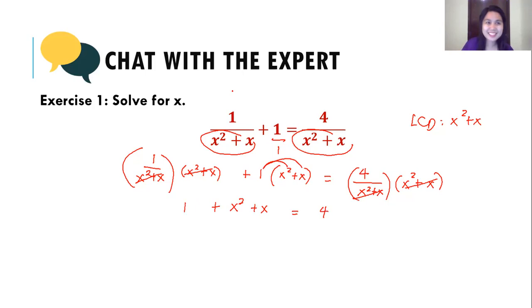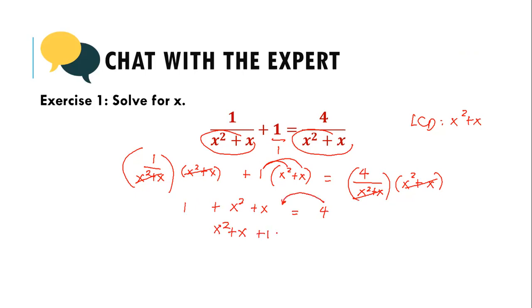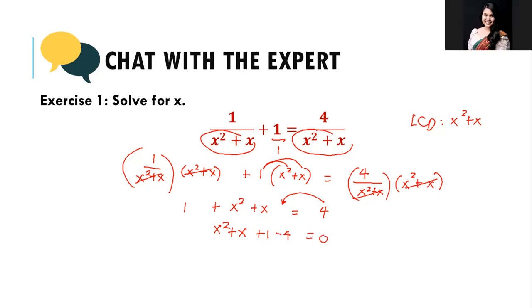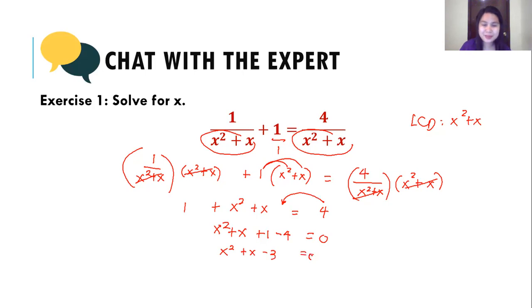Now let's write it in standard form. We have x squared plus x plus 1, do transposition, minus 4 equals 0. Then we have x squared plus x minus 3 equals 0.